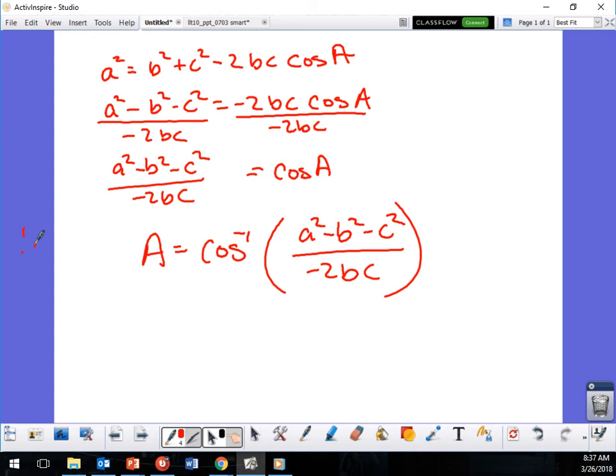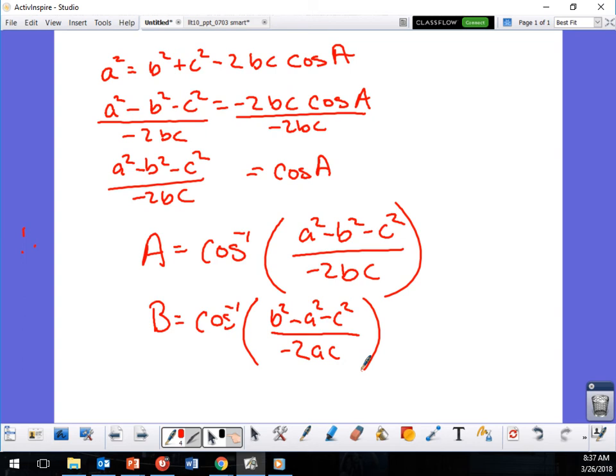Now, look at the pattern. If you see the pattern, then you're good. I'm solving for big A, so the pattern would be A, B, C, over negative 2BC. If I'm solving for big B, it'd be inverse cosine of B squared minus A squared minus C squared over negative 2AC.